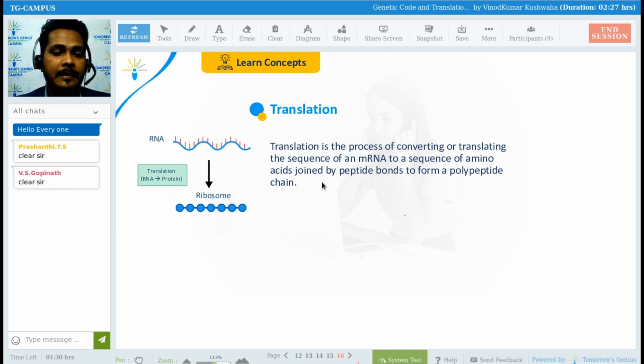Now let's move to translation. So translation, simply, means protein synthesis, right?